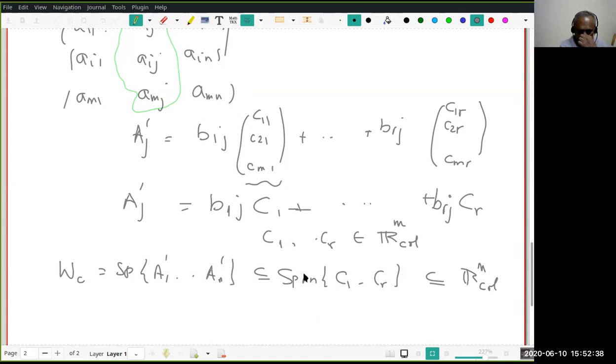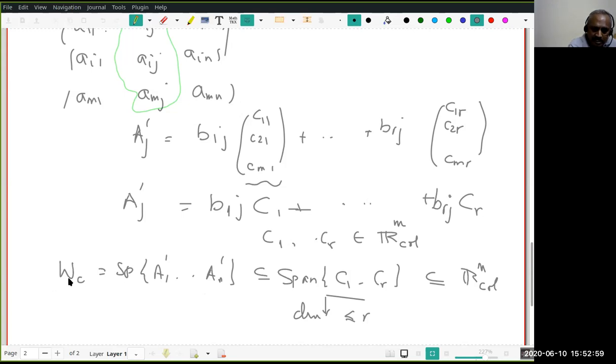But this vector subspace is spanned by R vectors, and therefore its dimension will be less than or equal to R, because we can extract a basis out of C1 to Cr. Therefore, the number of elements in the basis will be less than or equal to R.